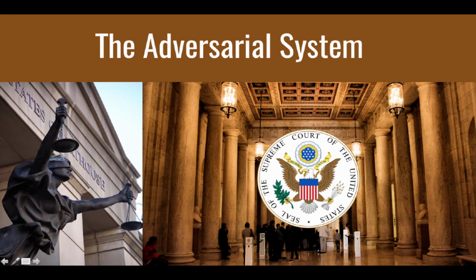Our adversarial system is defined by three things: a neutral or unbiased judge, opposing sides, and evidence-based arguments represented by opposing sides. There are also strict rules that govern the process by which a decision is reached. This system is carried out through the U.S. courts.